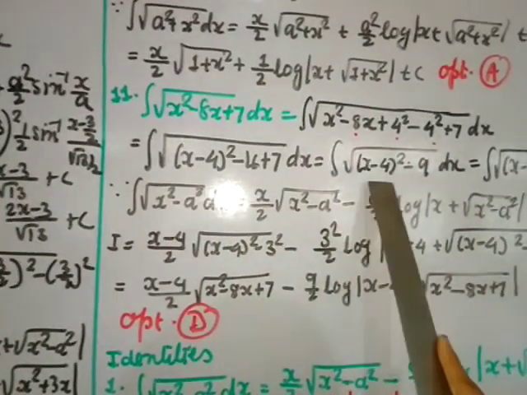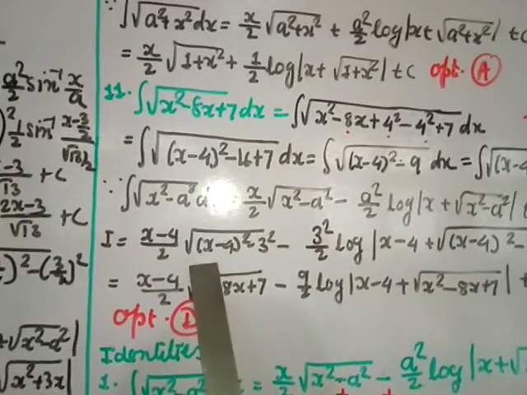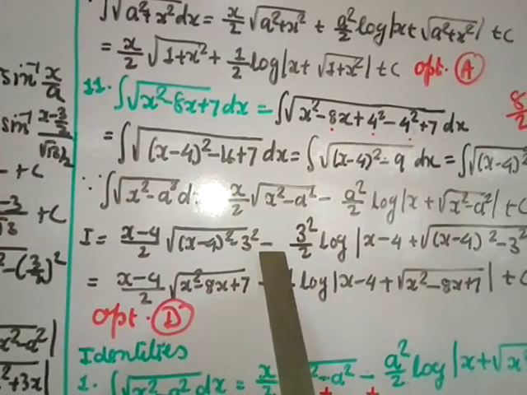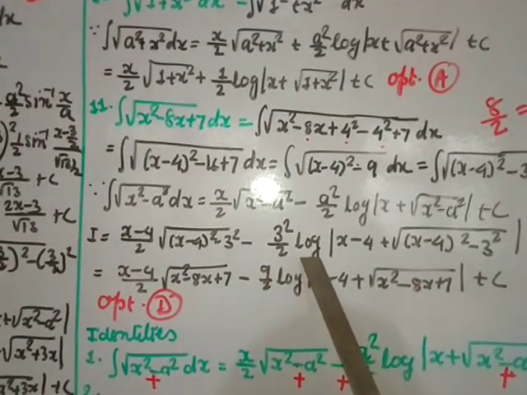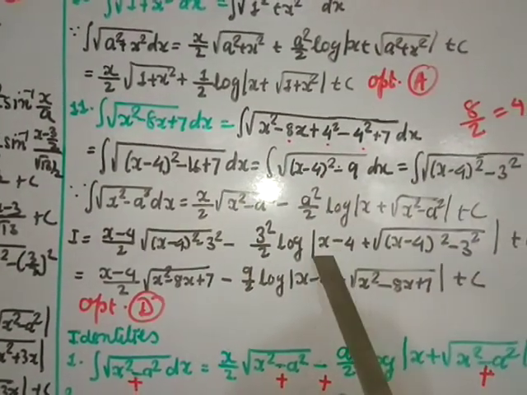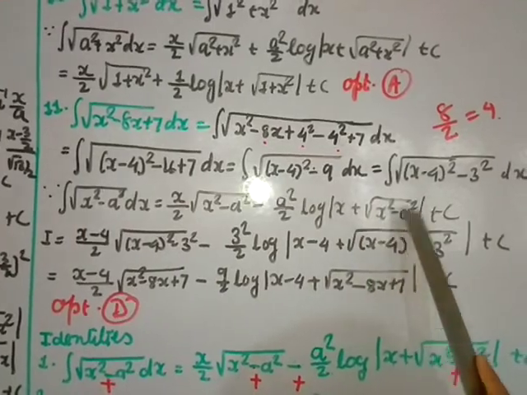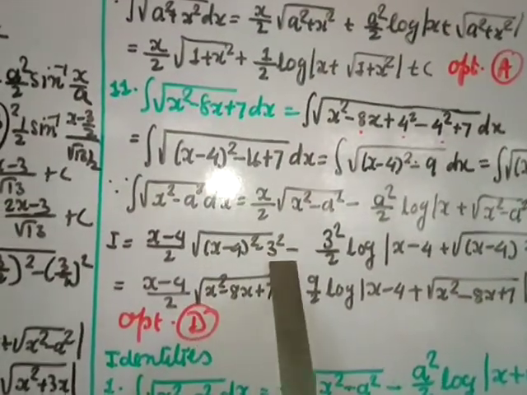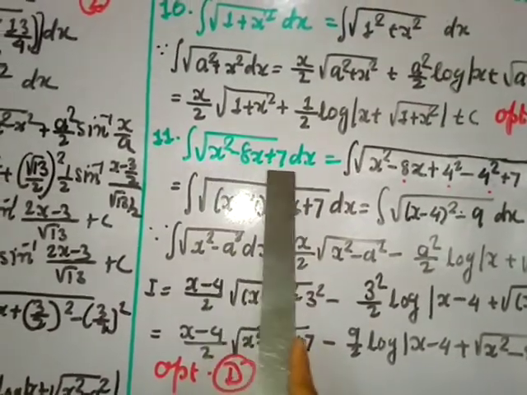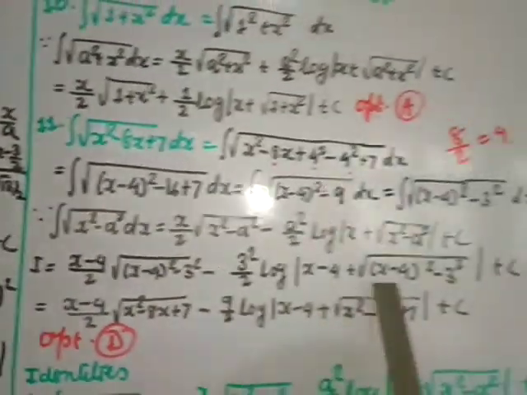So instead of x, here x minus 4 by 2 square root of x minus 4 whole square minus 3 square, where a square is 3 square. So 3 square by 2 log, instead of x it is x minus 4, plus square root of the same thing. Again, this one is nothing but brought from here, so you can write this value back. For here also and for here also.